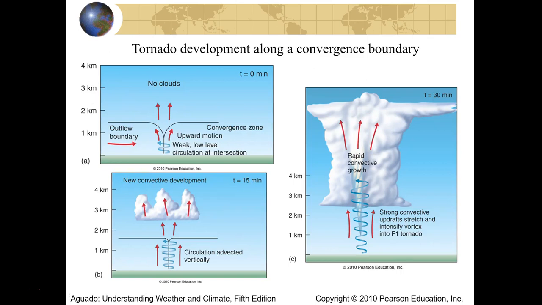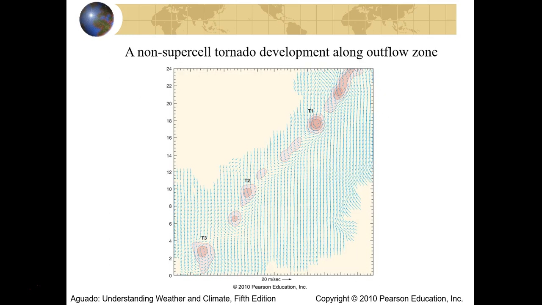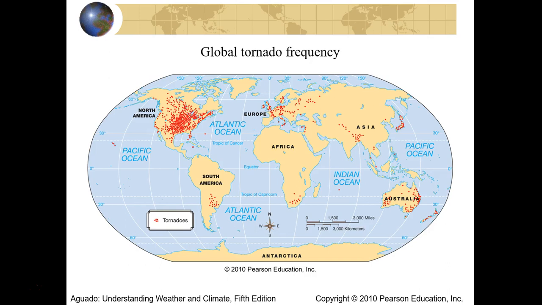So I'm going to go through these slides here, and I want to talk about the timing and location of tornadoes. And this is the extra credit assignment that I often assign, called Mapping Tornado Alley. This is just a fascinating video, and I'm going to go through some slides here. When we look at tornado frequency around the world, there's no doubt about why tornadoes are associated with the United States, and in particular the Great Plains states.